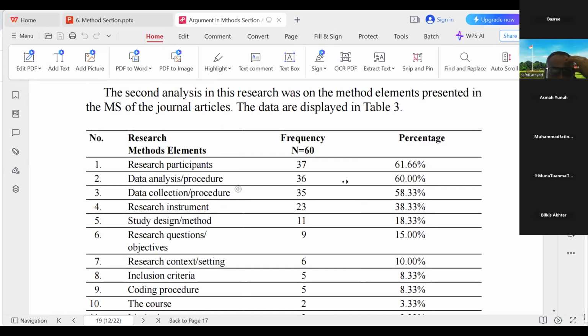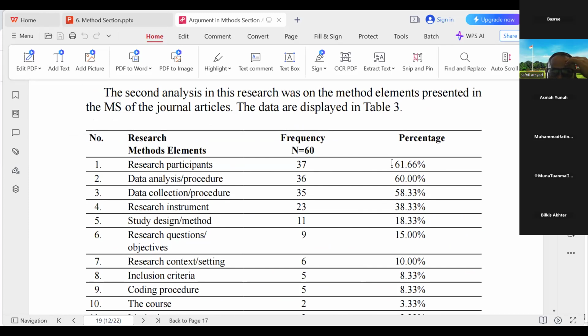If you look at the frequency here, 61.66% or 37 out of 60 address research participants, and then 60% address data analysis procedure, 58% data collection procedure, 38% research instrument. Only 18 of them address the study design or method.